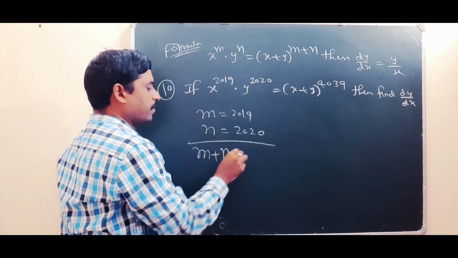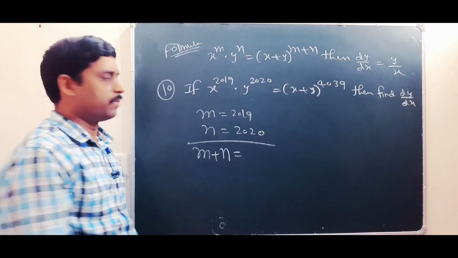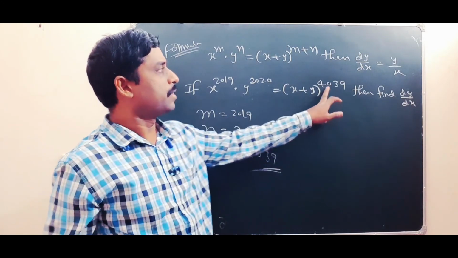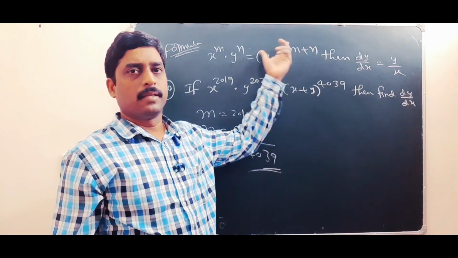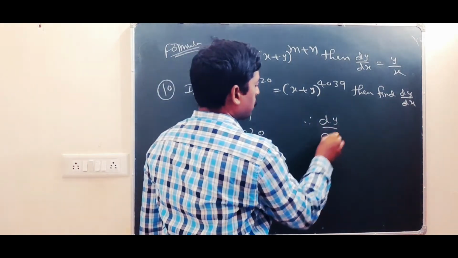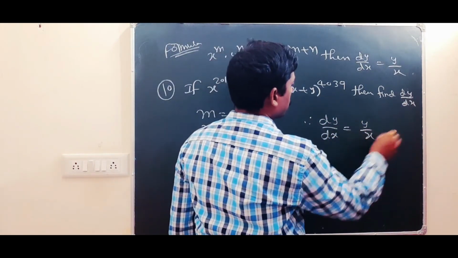Now we have to find the m plus n value. This is 4039. This is the m plus n value. This condition is satisfied. So the answer is therefore dy by dx is equal to y by x.